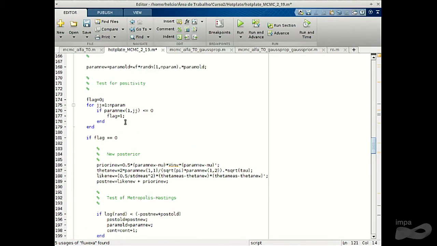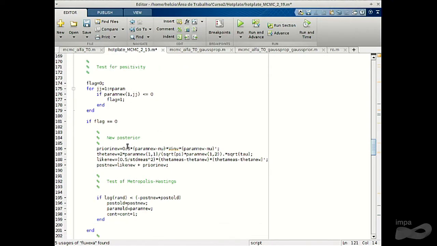I check if the parameters are negative, because I know that both parameters have to be positive. So if they are negative, I do not accept the candidates, and I don't have to do all the tests, because their probability is 0. So I move directly to the last steps in the Metropolis-Hastings algorithm.